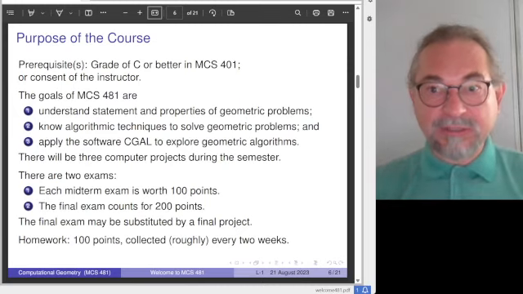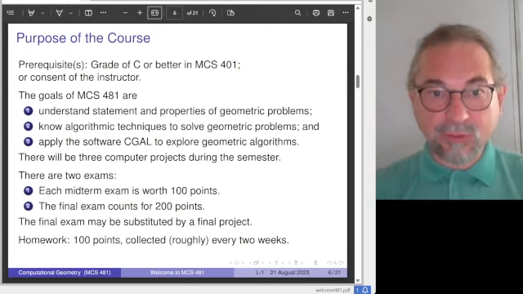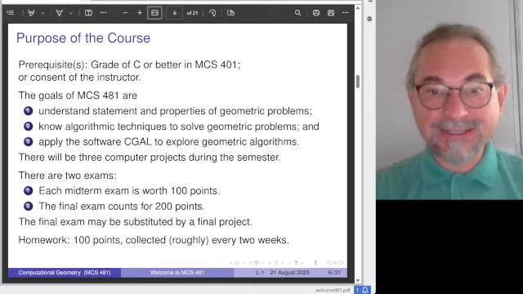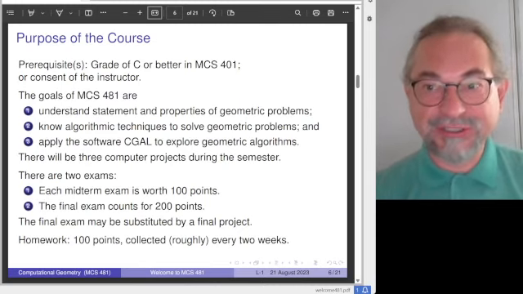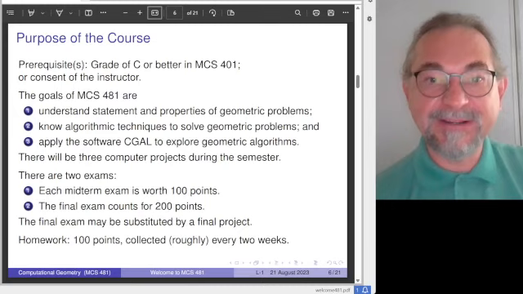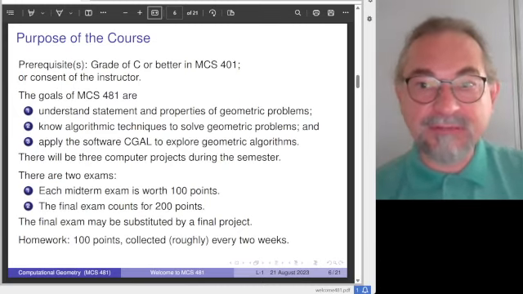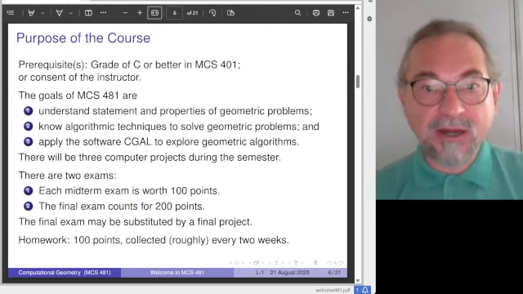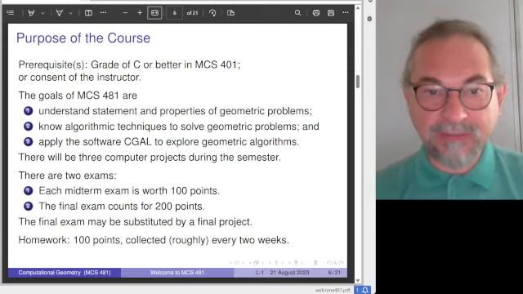So algorithms are central. The second goal is the understanding of the fundamental algorithms. There is the software CGAL. CG stands for computational geometry, AL stands for algorithms. This is a standard free and open source library that we will be using.